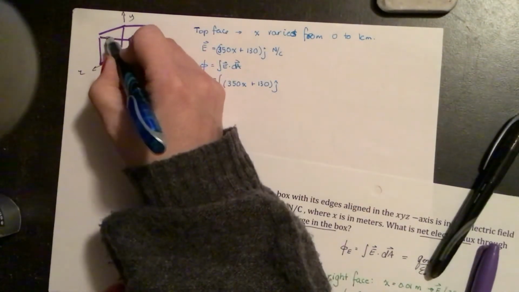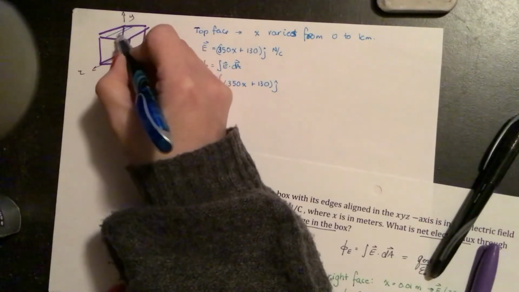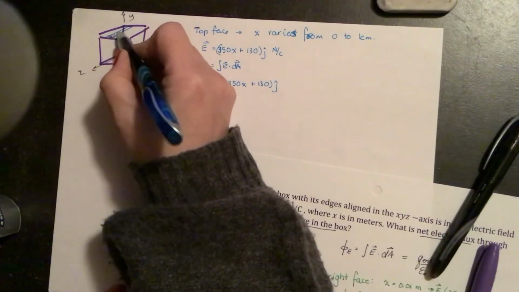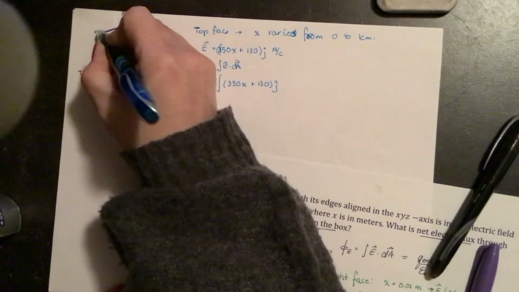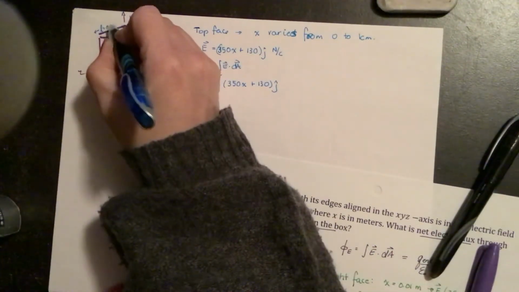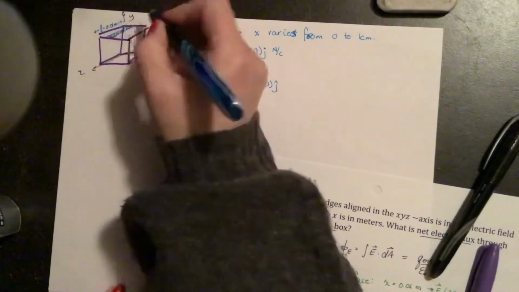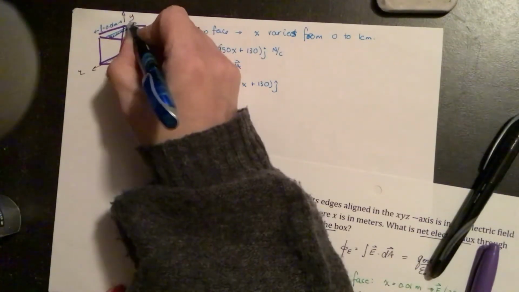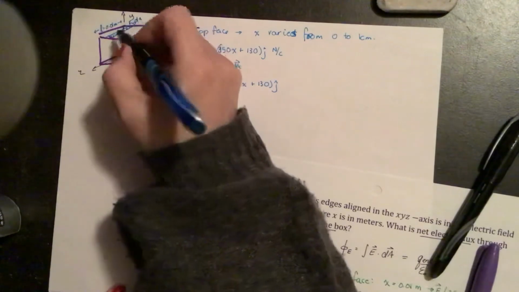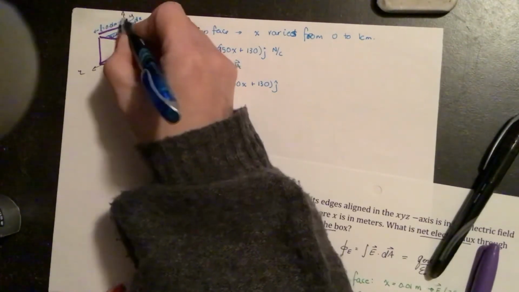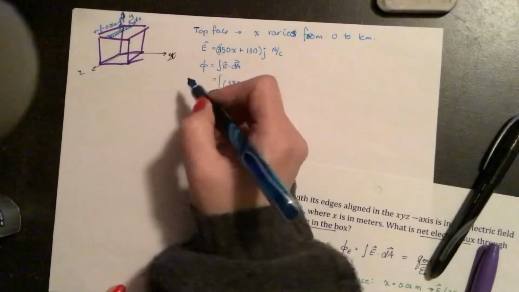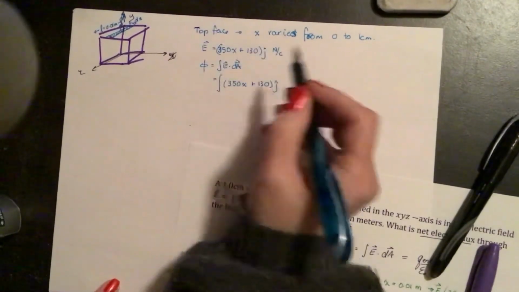So if I was going to pick a little element of the area vector, I would pick a long, thin rectangular strip across my top, because I would know my strip would have a length equals 0.01 meters, and a width of a little bit in the x direction, which would be called dx. The direction of my little area vector would be straight up, because areas come straight up out of the face.